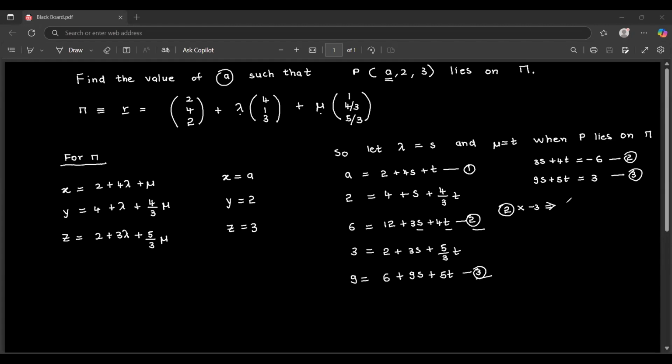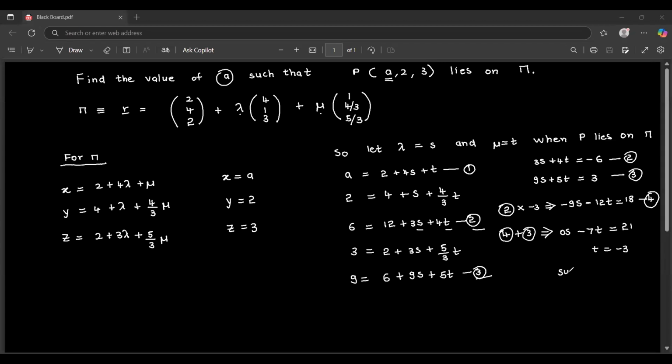That will give me minus 9s minus 12t equals 18. Let's say that is the fourth equation. If I add the fourth equation and the third equation, I will get 0s minus 7t equals 21. So t is equal to minus 3.